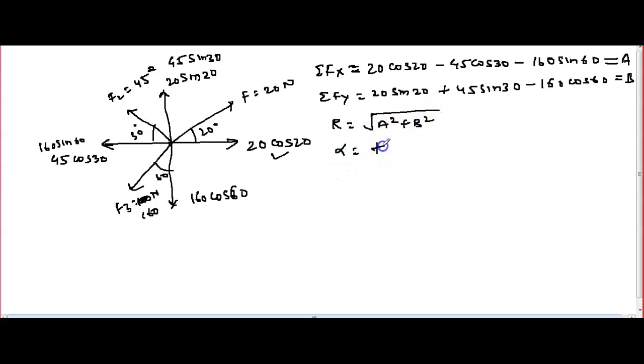Alpha is equal to tan inverse of B by A. And you can draw the free body diagram after finding it. This is the resultant, which is R, which you have to find. Consider this one, you got P. So you can write R is equal to P here, and this is the alpha. You will find it in the calculator and then you will get the values.